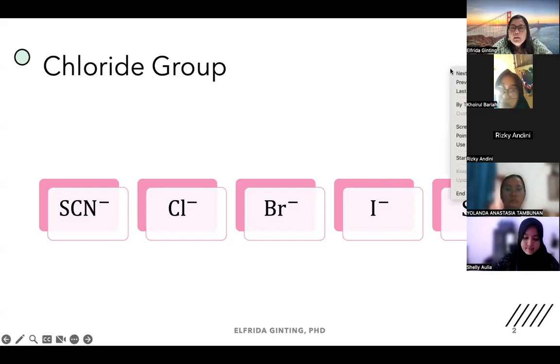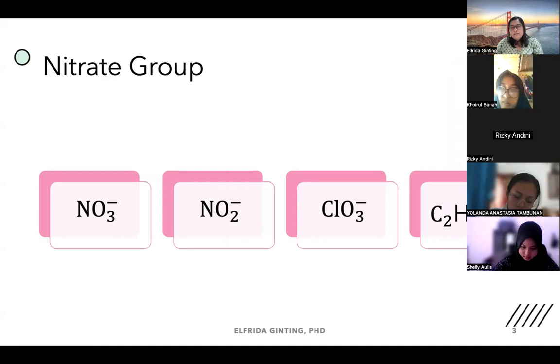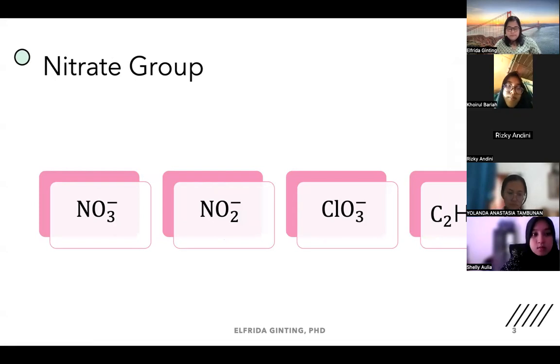Okay. Now, nitrate groups is nitrate, nitrite, chlorate, and then acetate, C2H3O2 negative. Yeah. Okay.